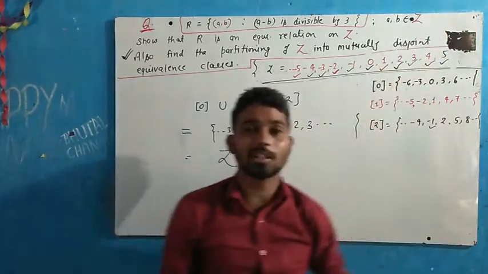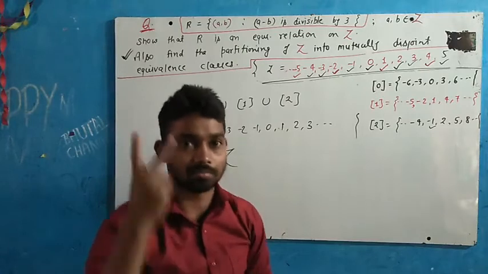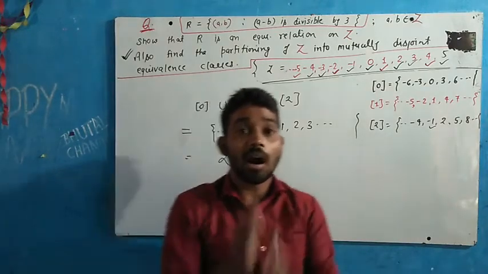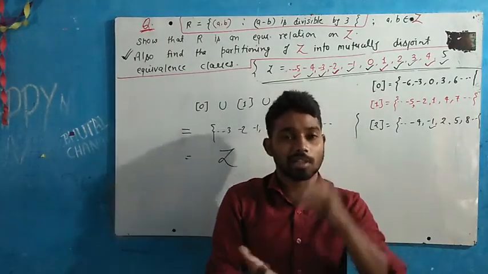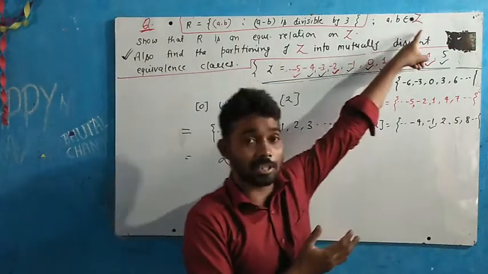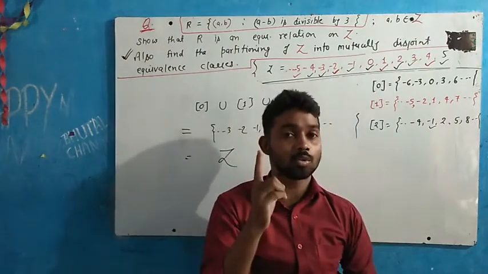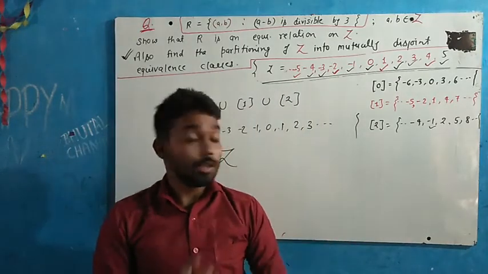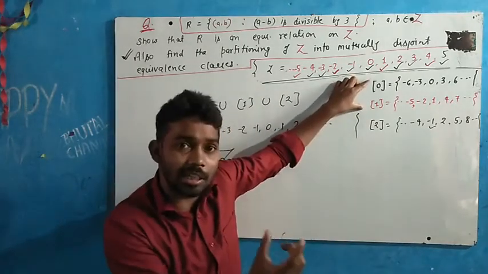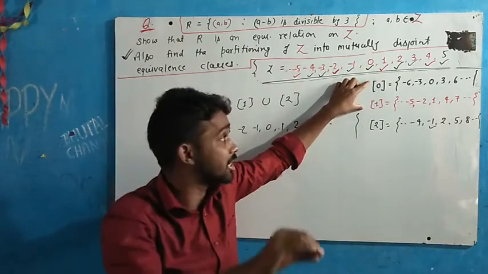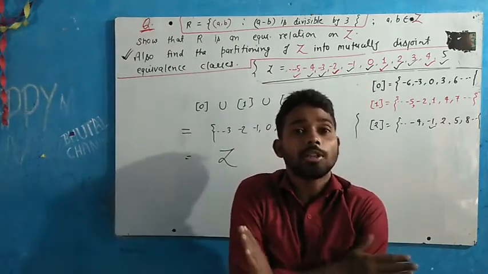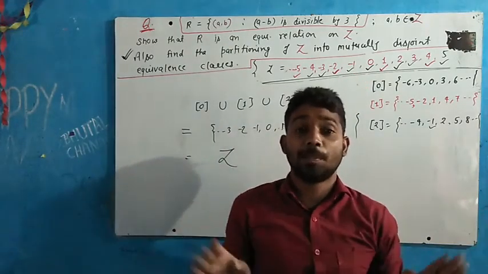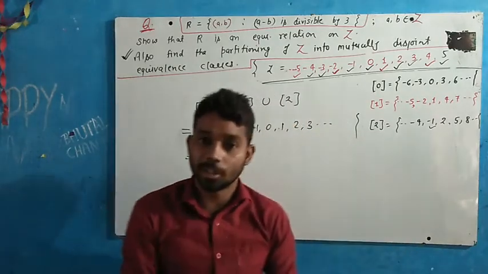What is the conclusion? Two conclusions, beta. If R is an equivalence relation on set Z, then first conclusion: any two equivalence classes will be either identical, meaning the same, or totally disjoint. Disjoint means totally separate, no common elements will be there. Clear?